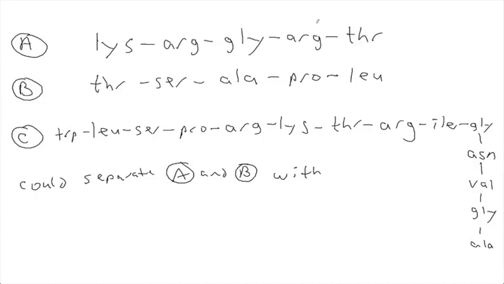So this has a lot of positive charges, and this only has the positive charge at the amino terminus. Remember, everything has a positive charge at the amino terminus at physiological pH anyway, but that would be balanced by the carboxy terminus. You don't have to do the separations at physiological pH, but anyway, this certainly would tend to be much more positive than this one. So you could separate A and B with ion exchange chromatography.